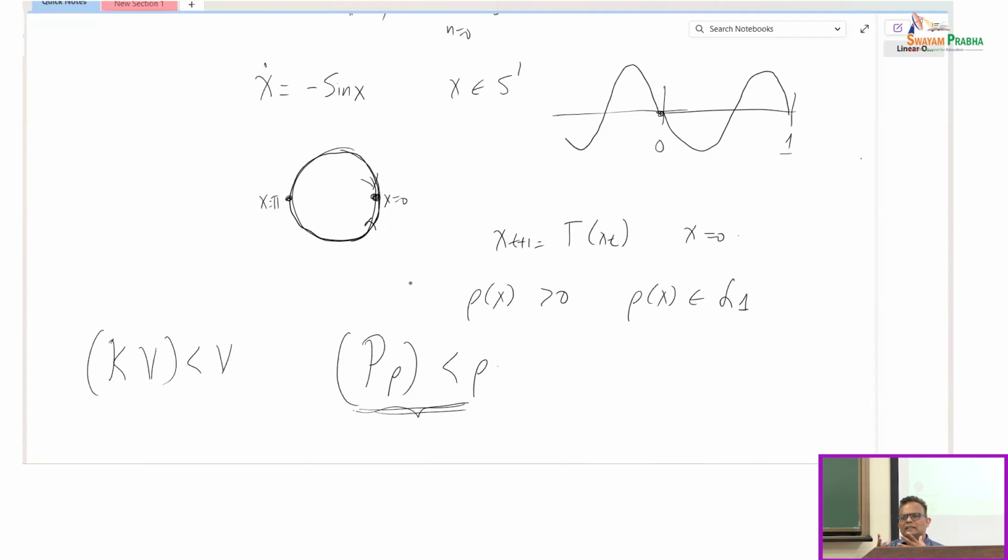This P rho less than rho, what it says physically is that, if you think in terms of probability density, where the rho captures the density, the mass is being accumulated towards the equilibrium point. If you think about the stability in a dual setting, think of you putting a mass in some region in the state space.